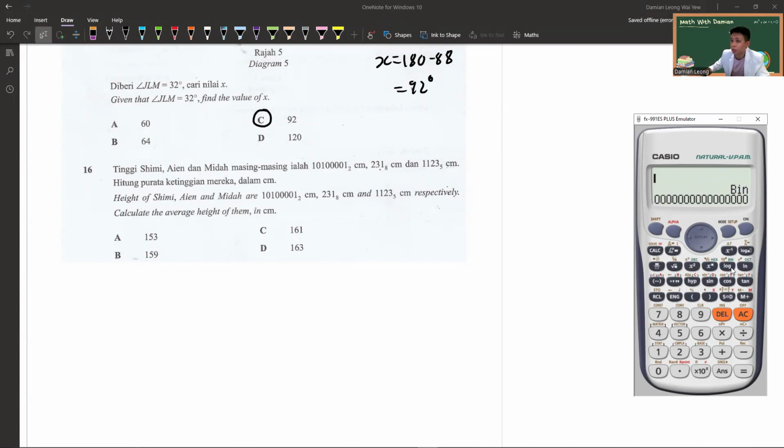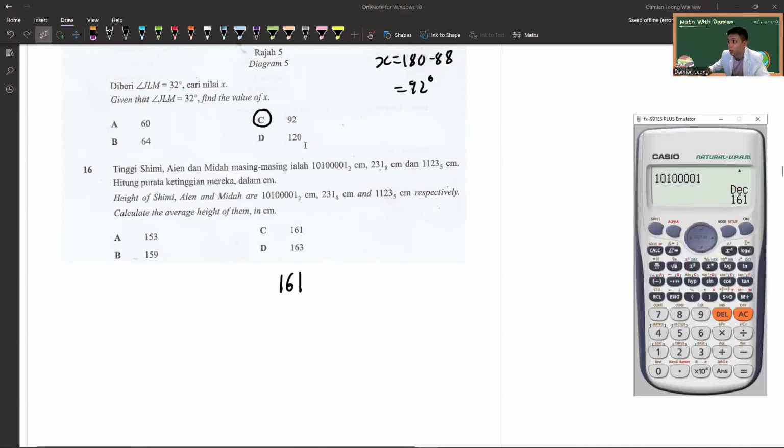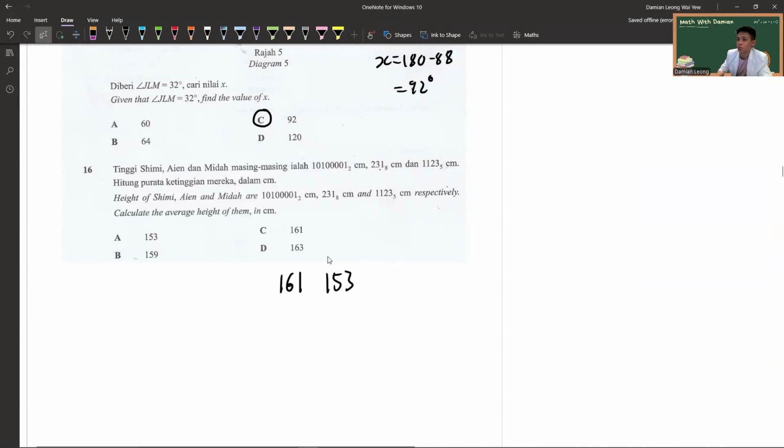Let's say I start with binary 101,000,001, equals, then I press decimal to change to base 10: 161. Then I go octal, 231, equals, then decimal, 153 in base 10.